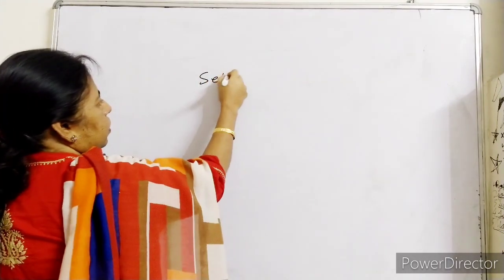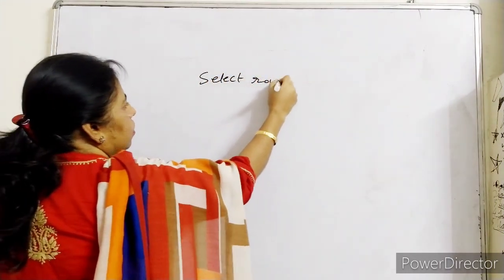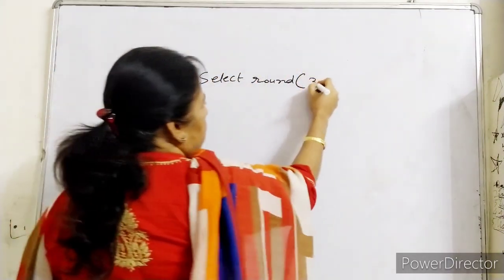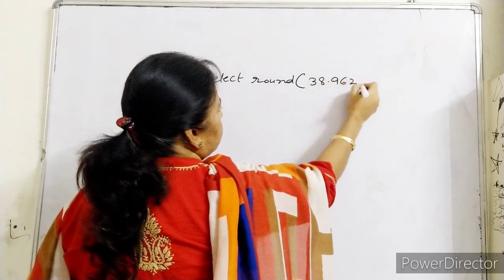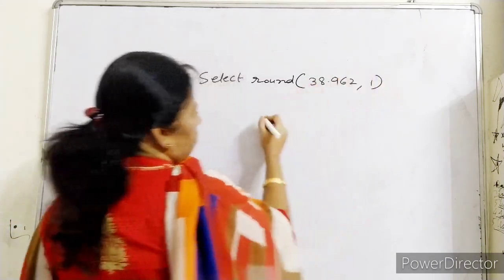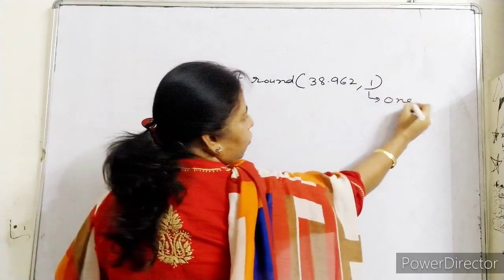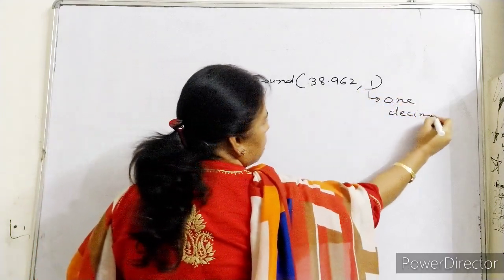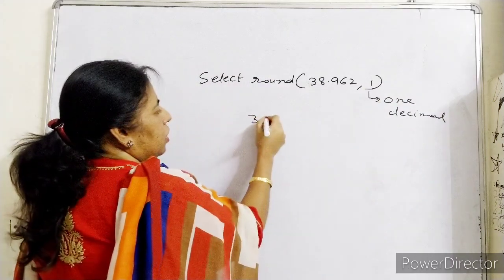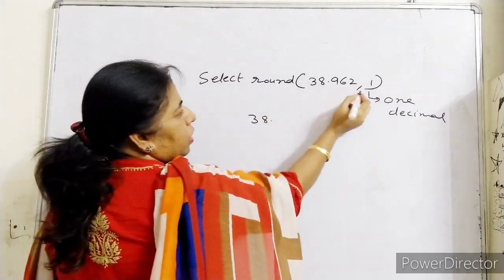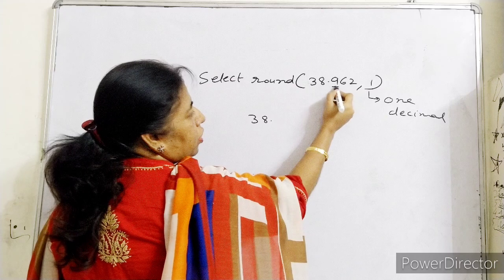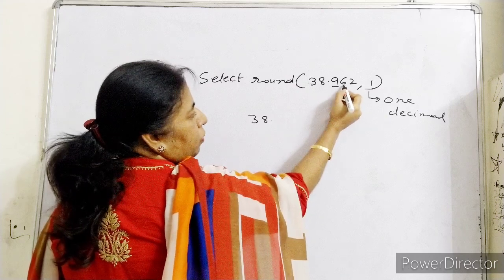For example, select round(38.962, 1). Now what will happen? Here 1 is the number of decimals I want after rounding. Clear? It means 38 point, you can see here this digit is 9, and which part I want to remove?